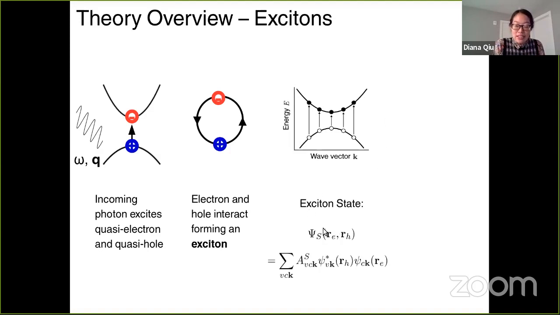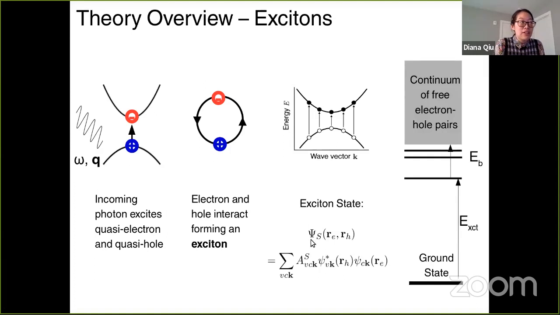And you can write the exciton state as this linear combination of hole wave functions and electron wave functions with an amplitude that's described by this coefficient A_vck.